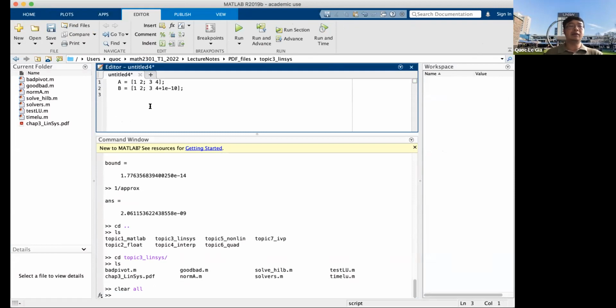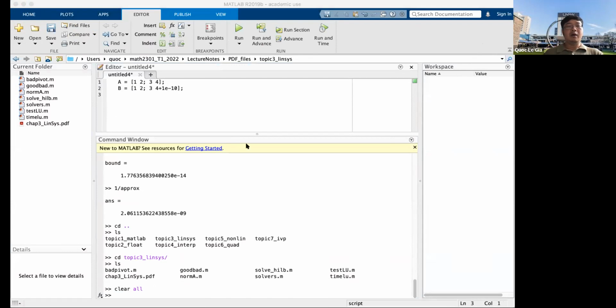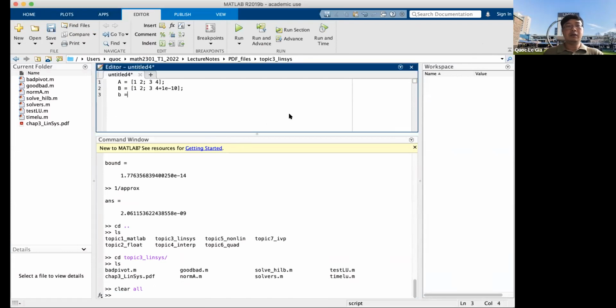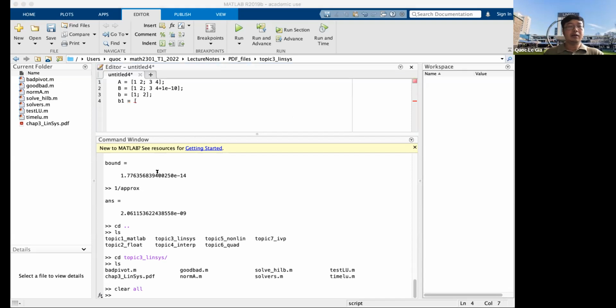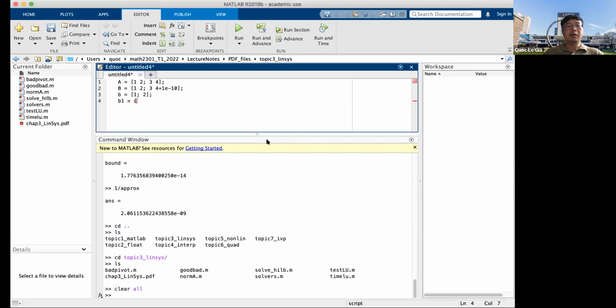Then the vector b is just 1, 2. And the perturbation of the vector b is b1. It's just b plus some noise.